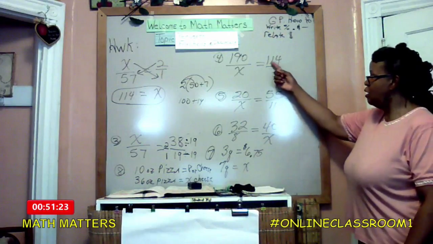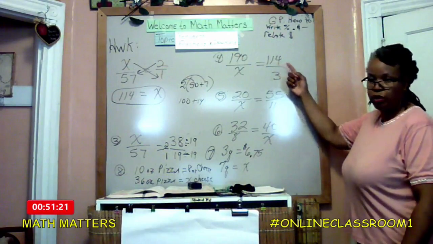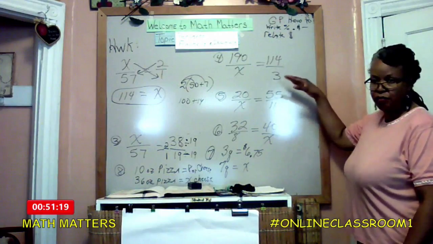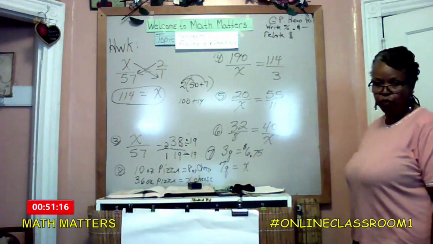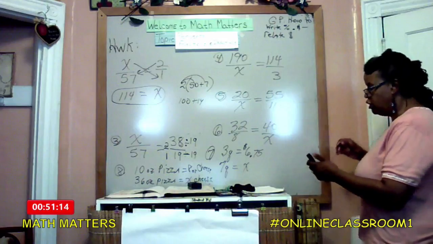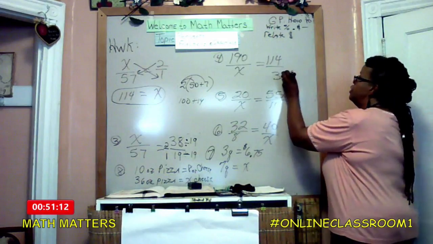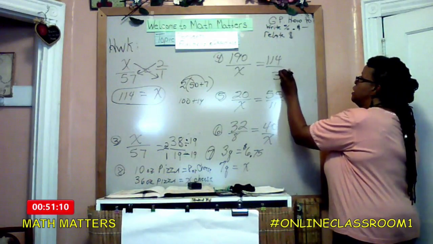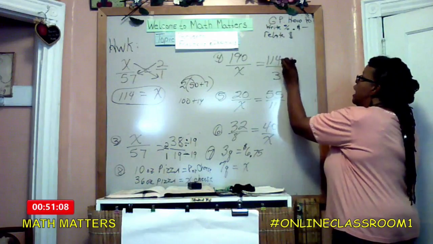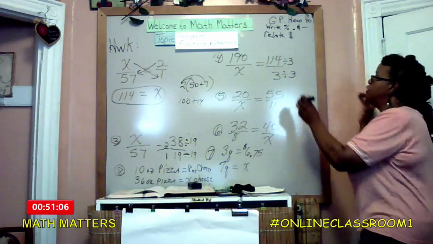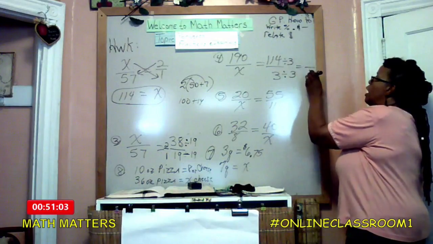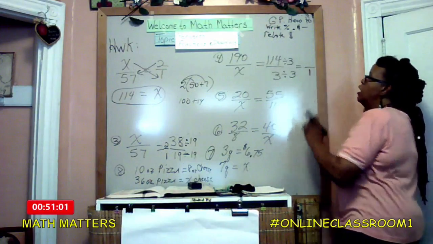When I add up 1, 2, plus 4, I get 6. 3 goes into 6, therefore 3 goes into 114. So let's reduce first: divide 3, the numerator and the denominator. 3 divided by 3 is 1 in my denominator.